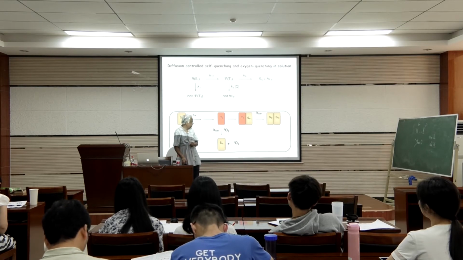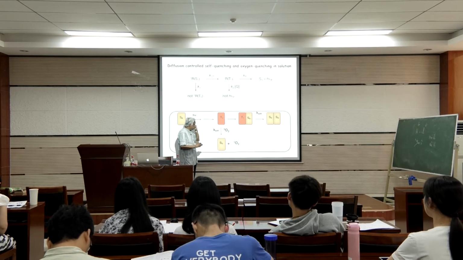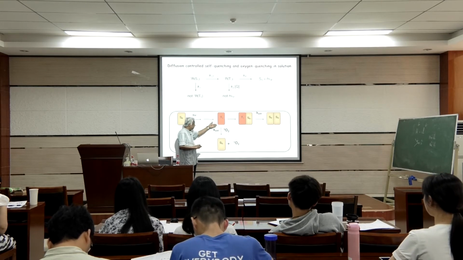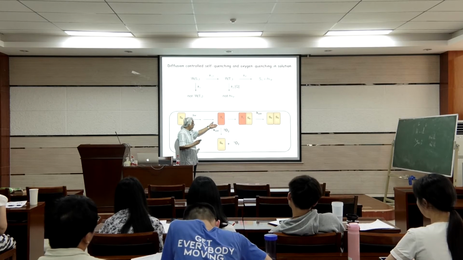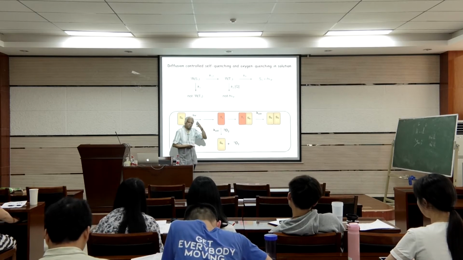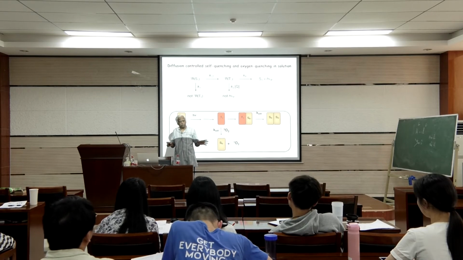Also, if the molecule is in the container, it cannot react with oxygen. So this process is also bad news. So this undergoes quenching, this undergoes self-quenching, and both of these things are unfortunately making this compound not emit phosphorescence. Okay. So we can stop both of these things.